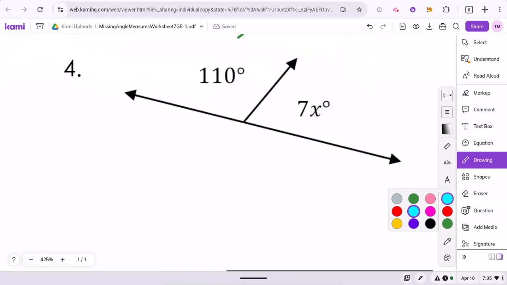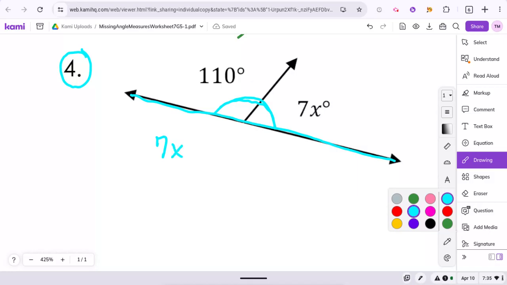So similarly here with number 4, you use a similar process. You know that this straight line here, these would be supplementary angles to get you 180. So you can set up your equation. 6x plus 110 equals 180.